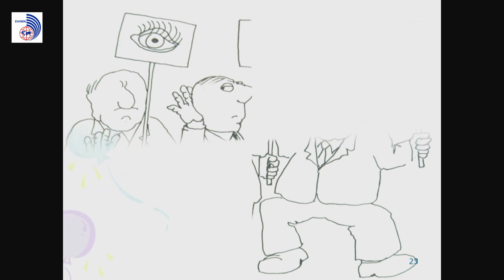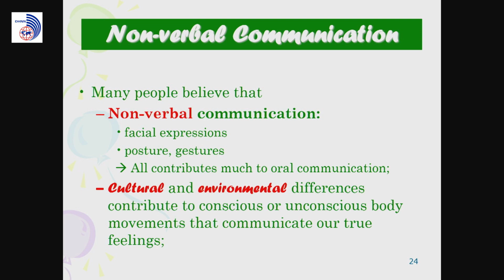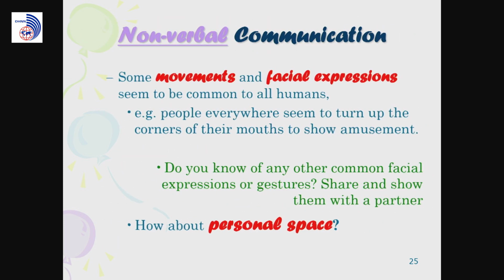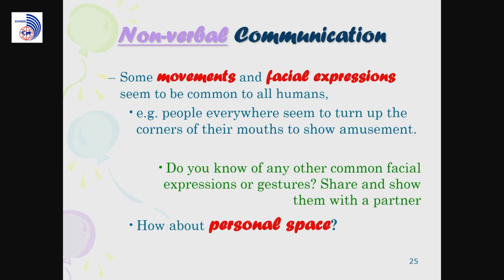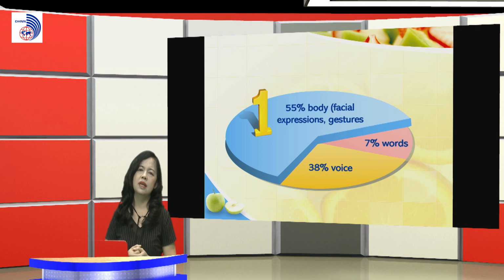So this brings me to the importance of nonverbal communication, which involves facial expression, posture, gesture, and also cultural and environmental differences. So with nonverbal communication, we would look at our movements, our personal space, our facial expressions. So you can see the importance of body language, and body language, with facial expression and gesture, makes up 55% of what we would like to communicate.